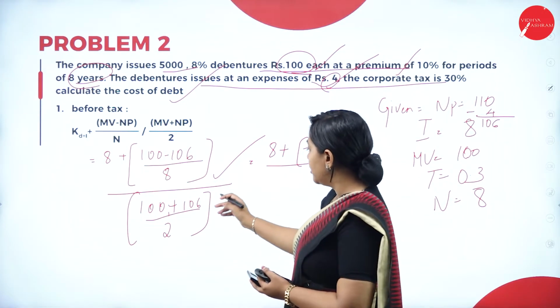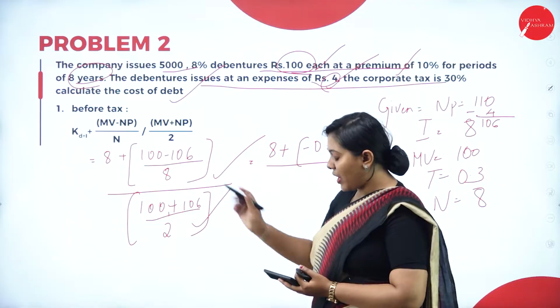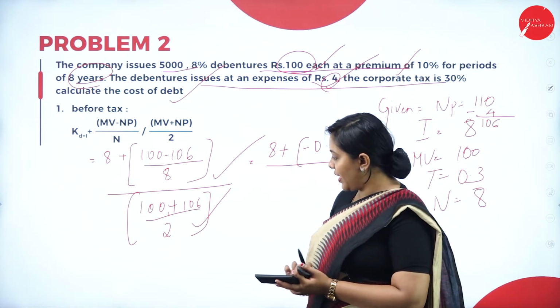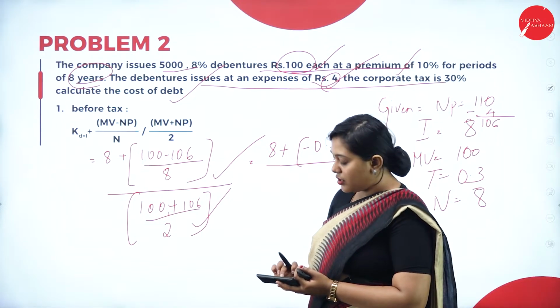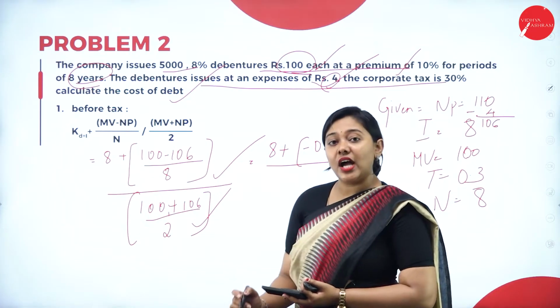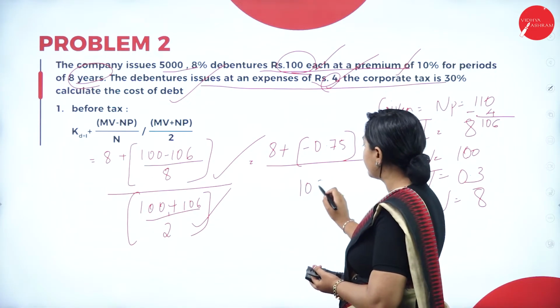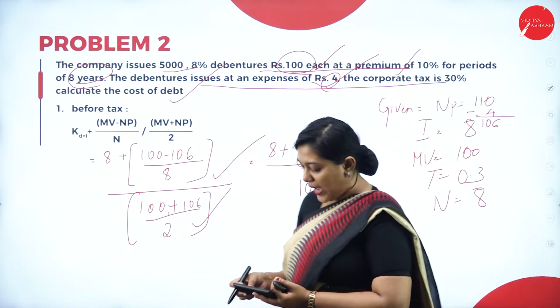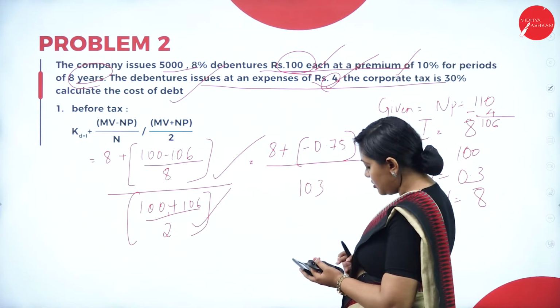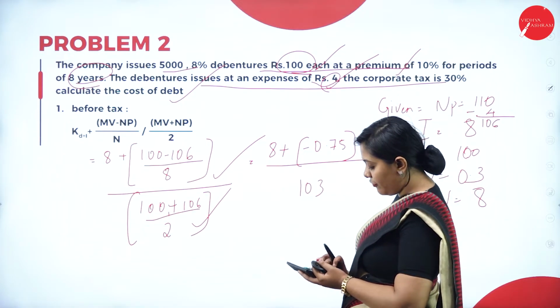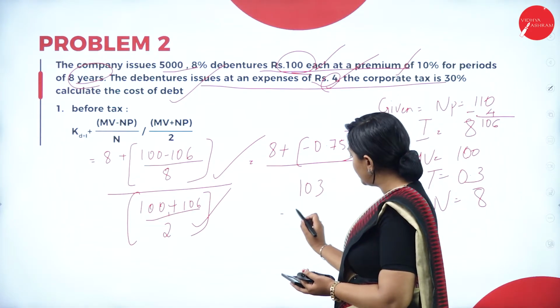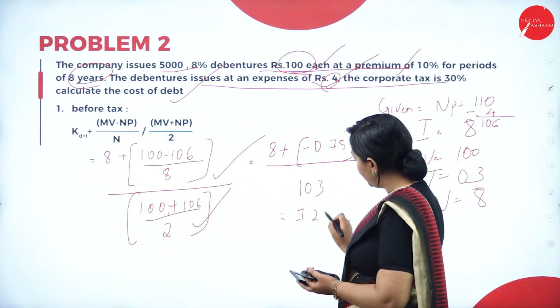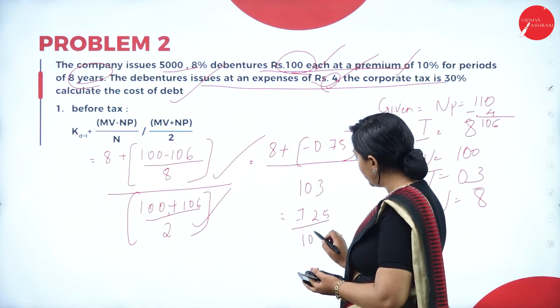Next, we have the second bracket part to be solved. 100 plus 106 divided by 2, so it is 103. Plus into minus, minus, greater number sign is plus. So 8 minus 0.75, it is 7.25, divided by 103.